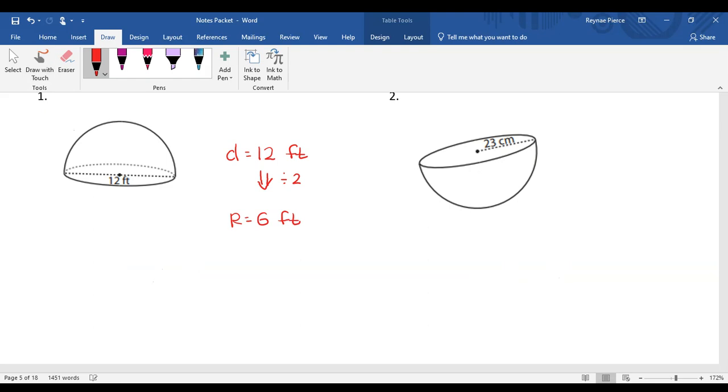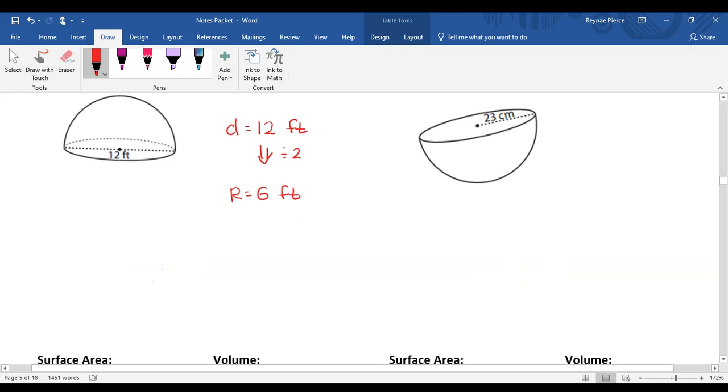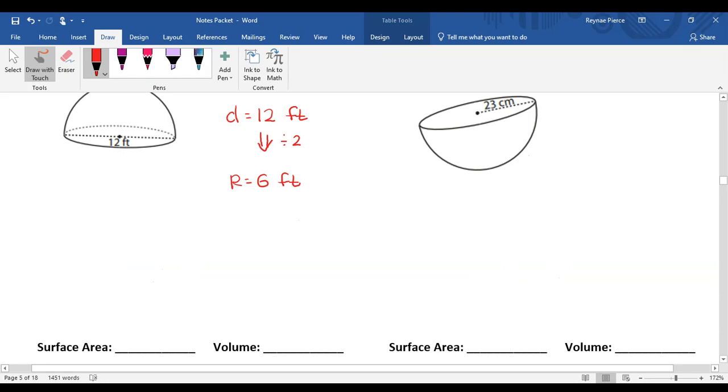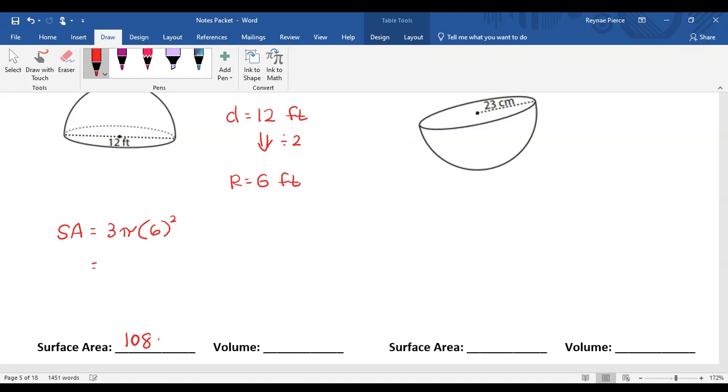For surface area, three pi times our radius squared. 6 squared is 36. 36 times 3 gives us an exact answer of 108 pi square feet.